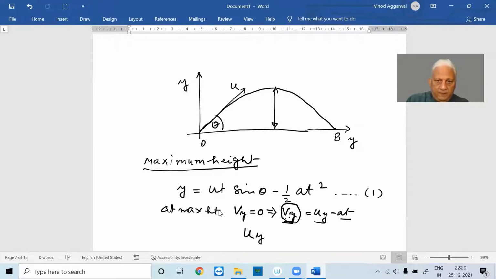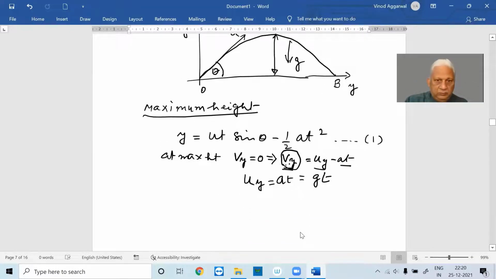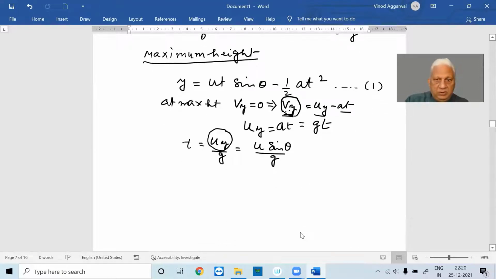So u y is equal to g t. Since the acceleration acting on the projectile is g, or t is equal to initial velocity in y direction, u sin theta, by g. Okay.